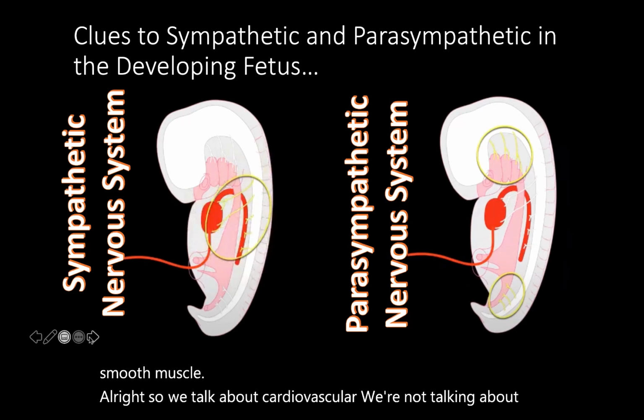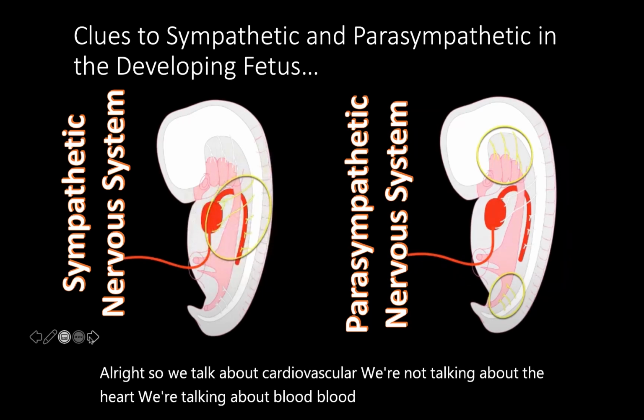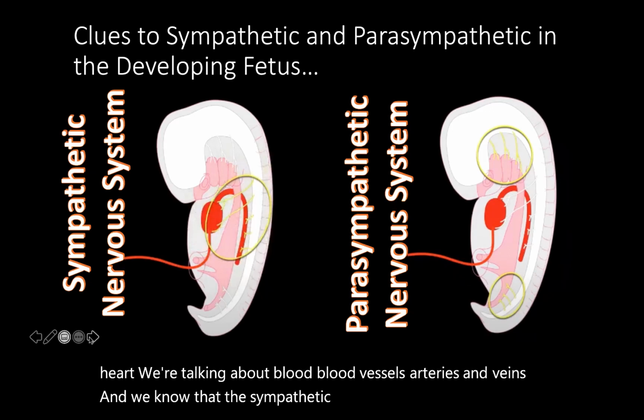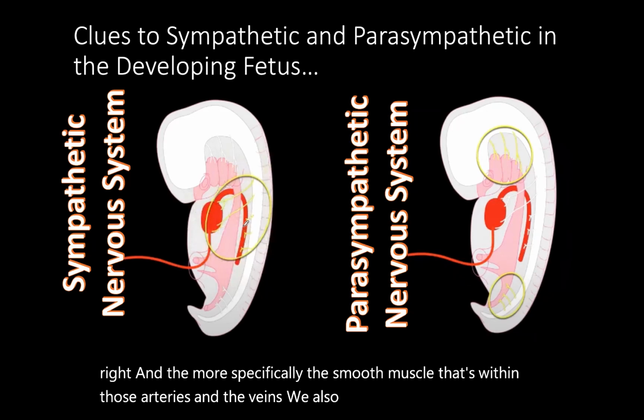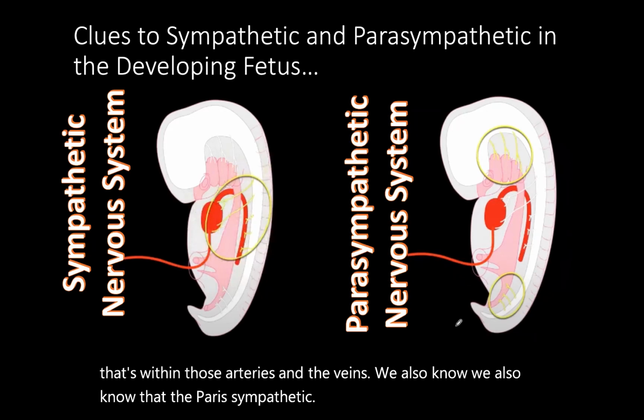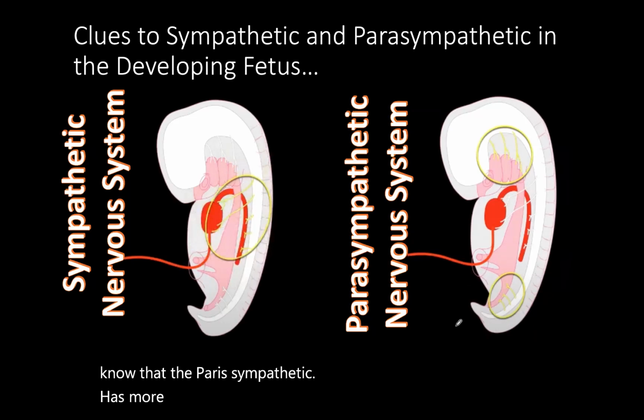We're talking about blood vessels, arteries and veins. And we know that the sympathetic nervous system regulates that, more specifically the smooth muscle within those arteries and veins. We also know that the parasympathetic has more regulation over smooth muscle within the digestive system.